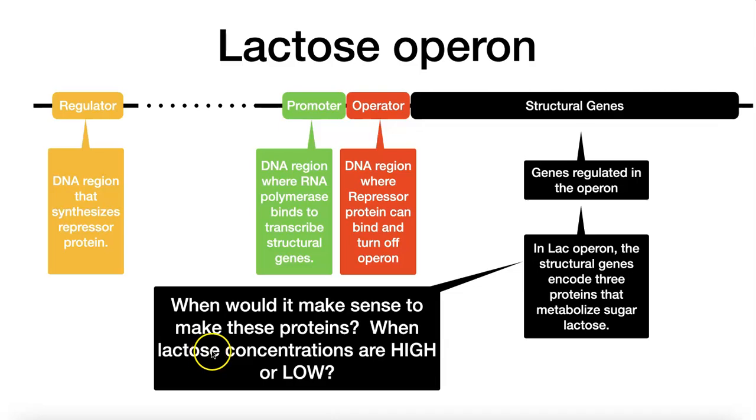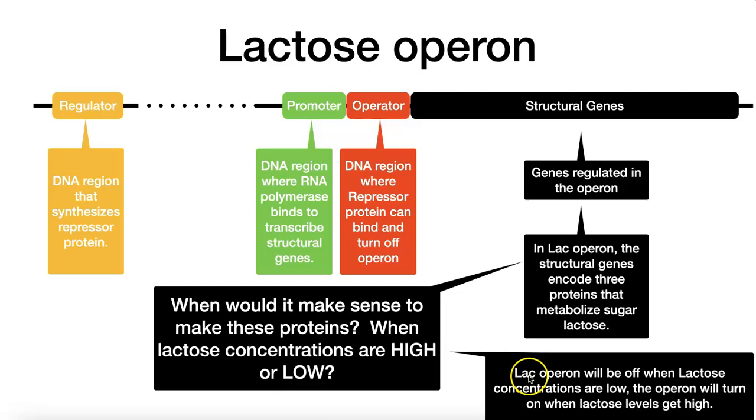When lactose concentrations are high or when lactose concentrations are low? If you want to break down lactose, it needs to be present. If it's not present, it doesn't make sense to have proteins to break lactose down. So the lactose operon will be off when lactose concentrations are low, and then the operon will get turned on, or induced, when lactose levels increase.